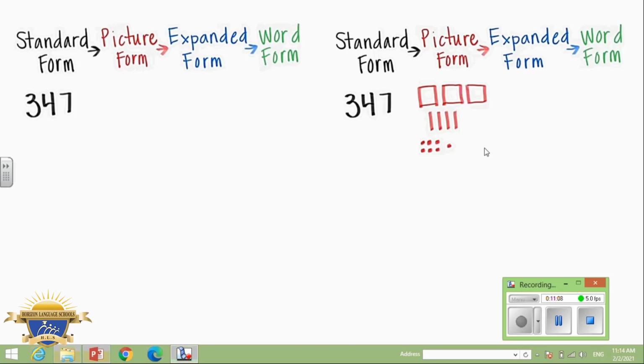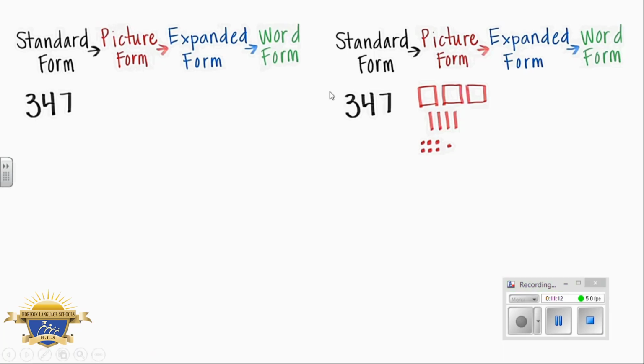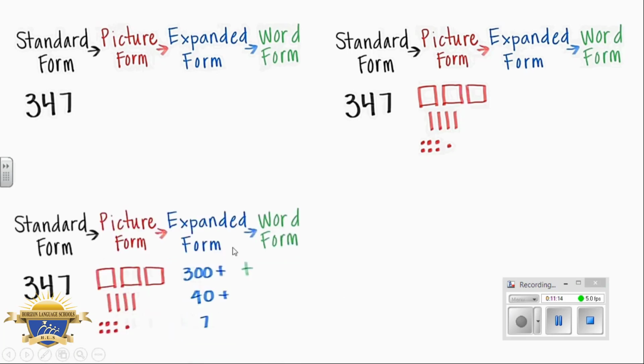So the expanded form for number 347 is 3 hundreds plus 40 plus 7. 3 hundreds because 3 is the hundreds digit, 40 because 4 is the tens digit, and 7 because the 7 is the ones digit.